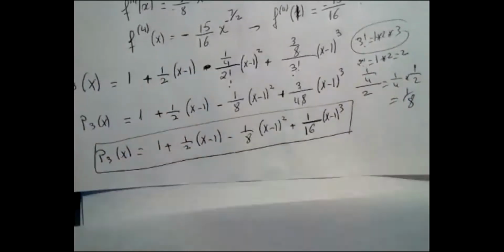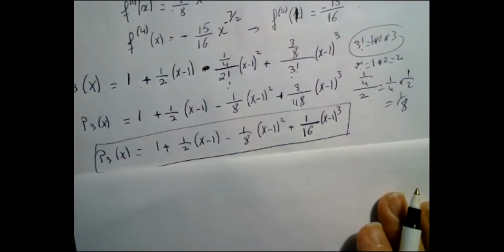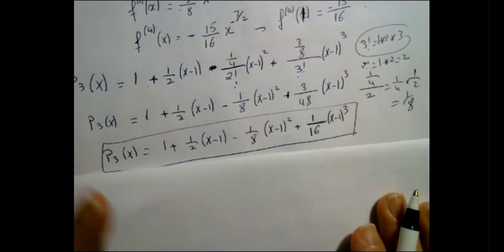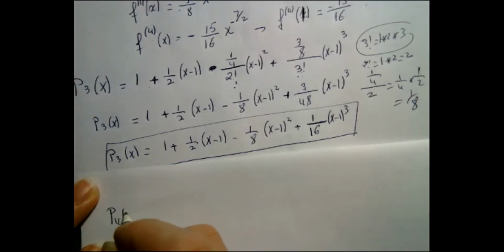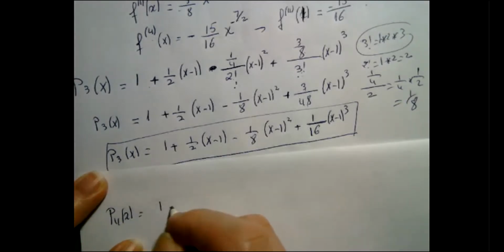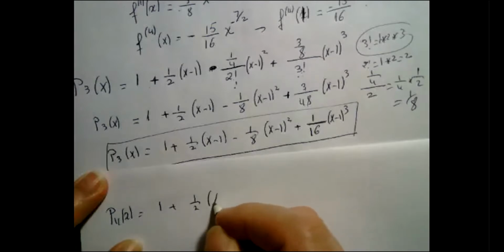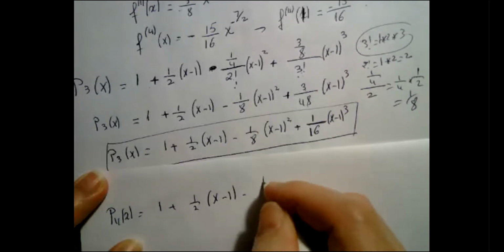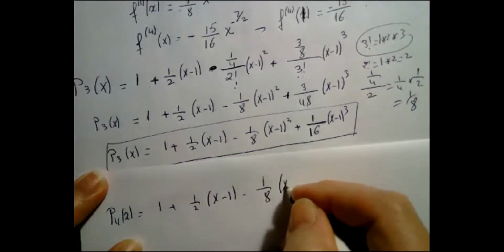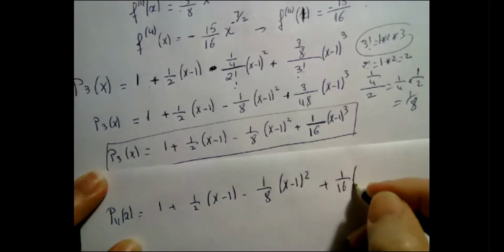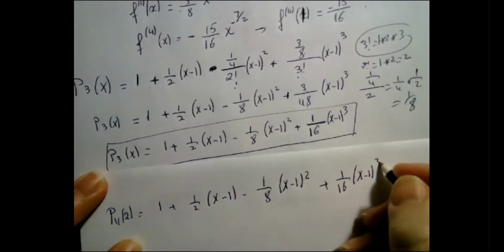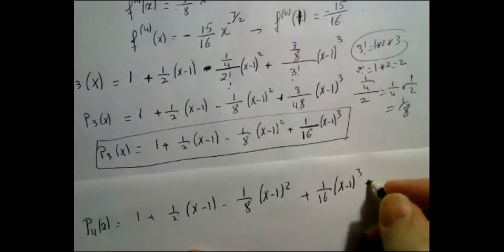Now, the fourth degree is basically the third degree. You add one term to it. That's important to be careful with that. So what's the fourth degree? The third degree, but you add something.